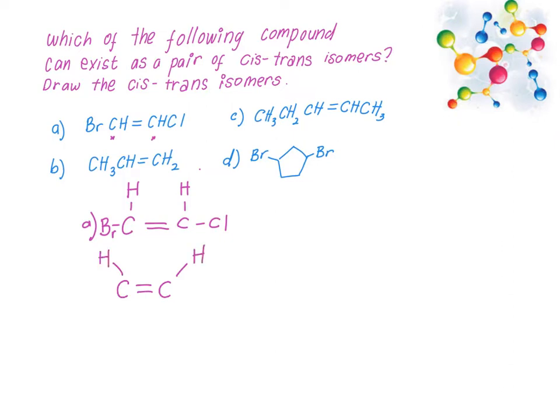So this will be my cis isomer since hydrogen and hydrogen are bonded in the same direction, or what is called the same side. Now I will label this structure as the cis isomer.